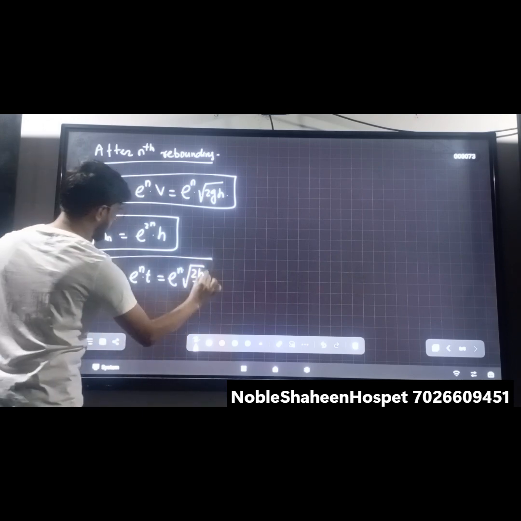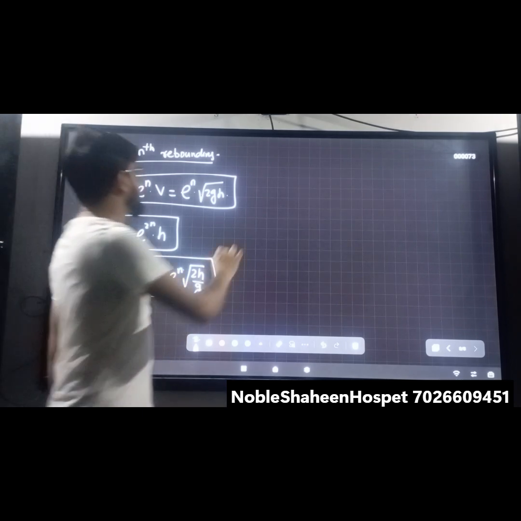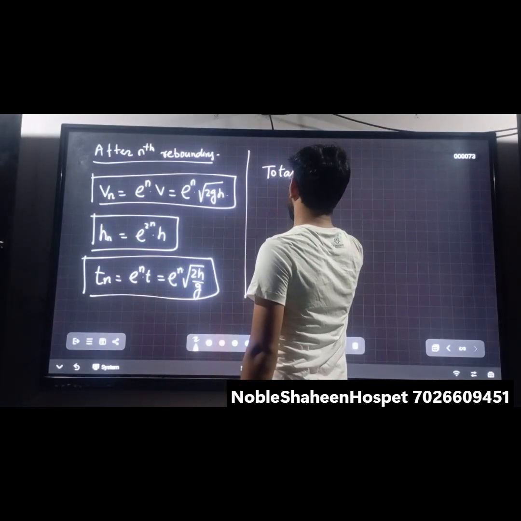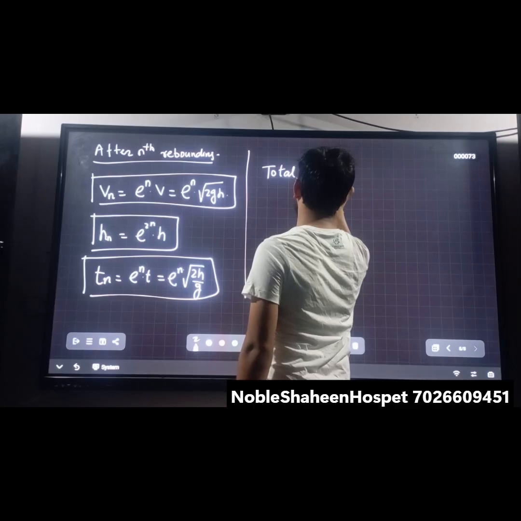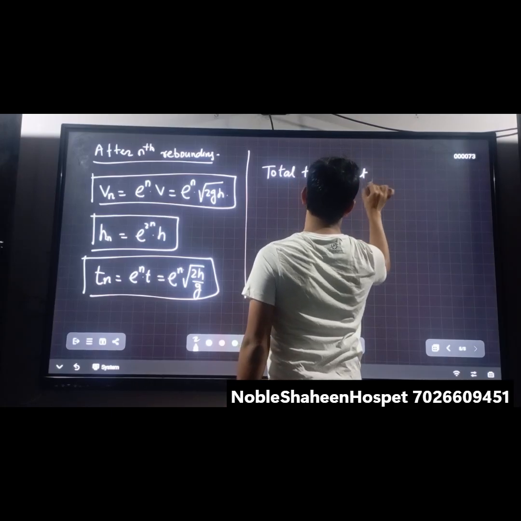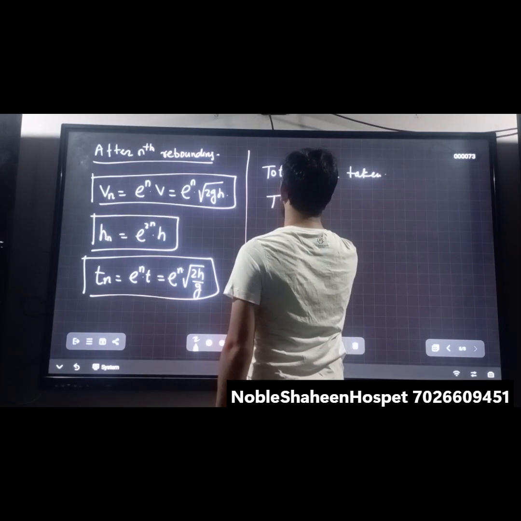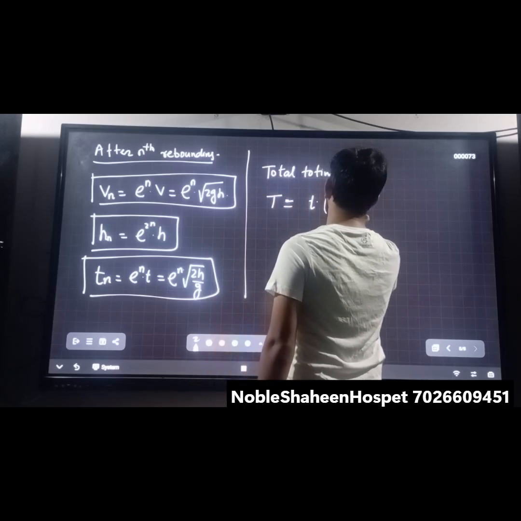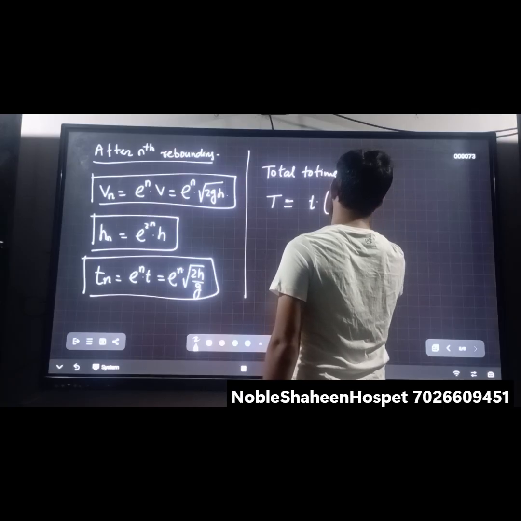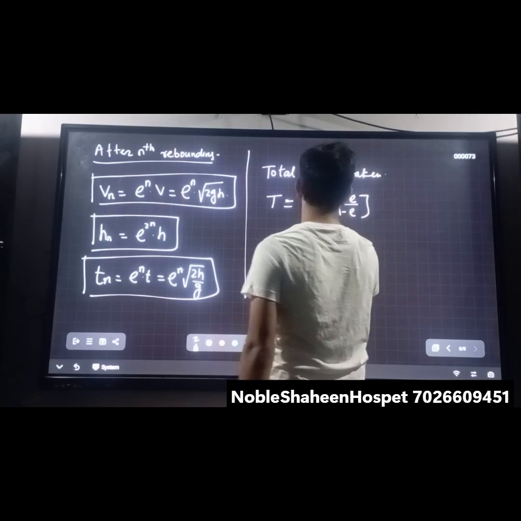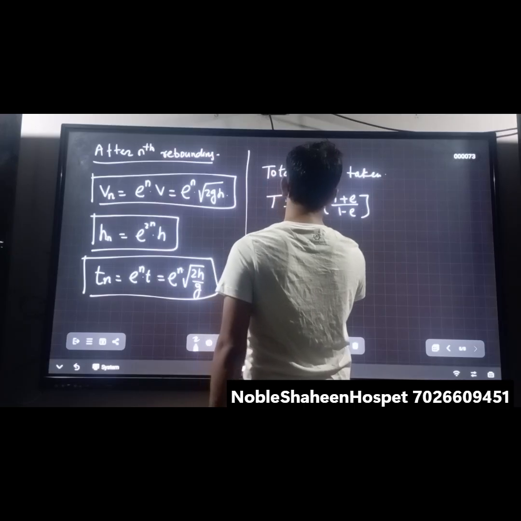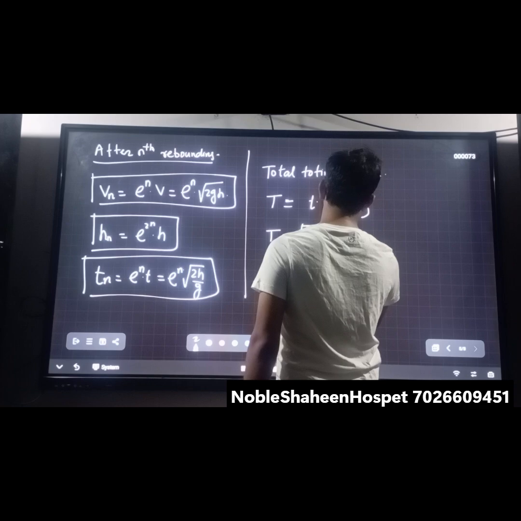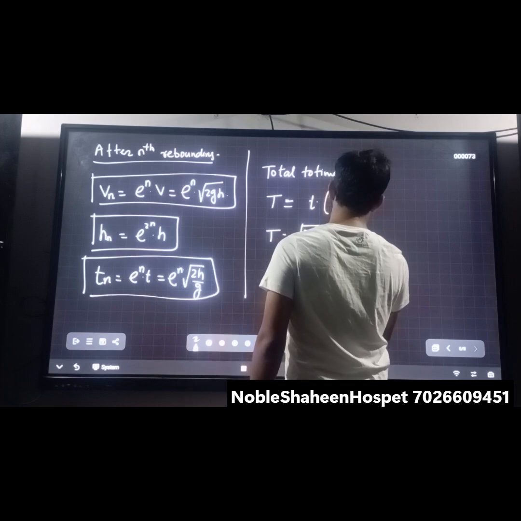This was third. And for the total time taken, T is equal to t into (1 plus e) upon (1 minus e), or we can say this total time is equal to root of 2h by g into (1 plus e) upon (1 minus e).